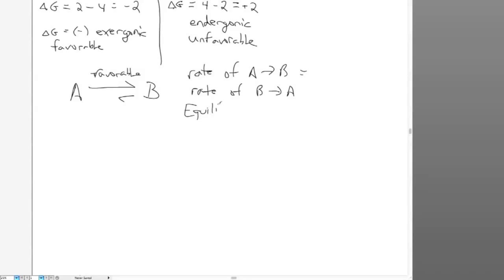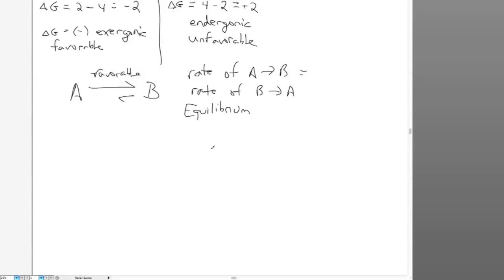So this is what we call equilibrium. And so even though this reaction is favorable from A being turned into B, if the concentration of B gets to a point where the rate being converted back to A is the same as the rate being converted to B, okay, you'll reach equilibrium.